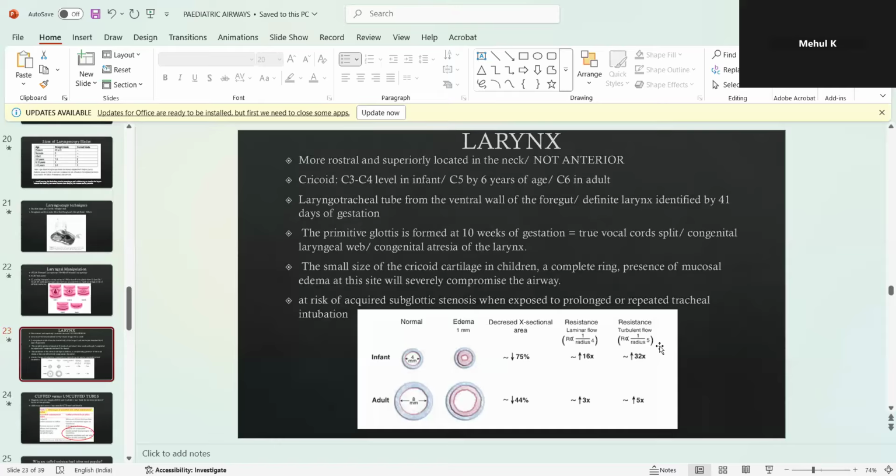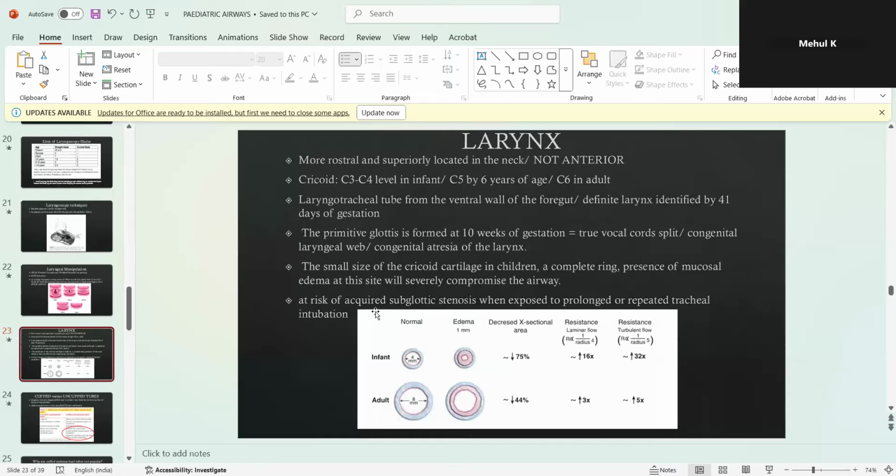So in infants with edema as minimal as 1 millimeter, you can see the resistance in the larger airways increases by 32 times, while it increases by 5 times in an adult. So the work of breathing increases proportionately, which is very high for the infant. The goal is to always limit airway edema.